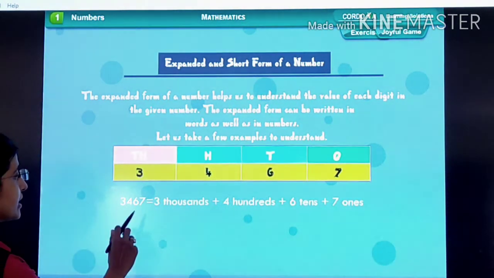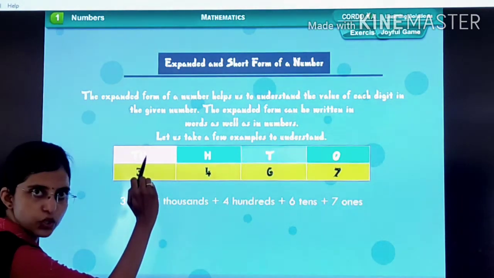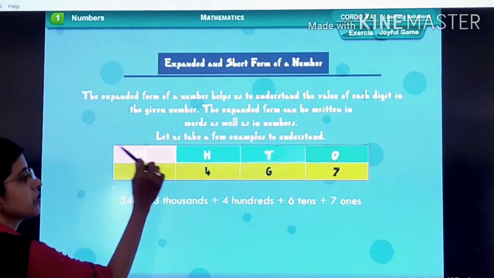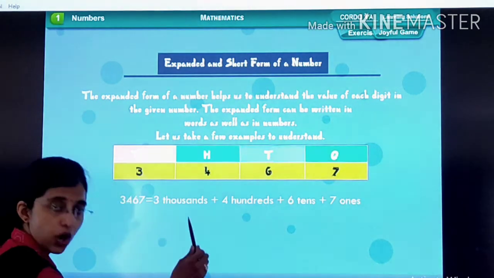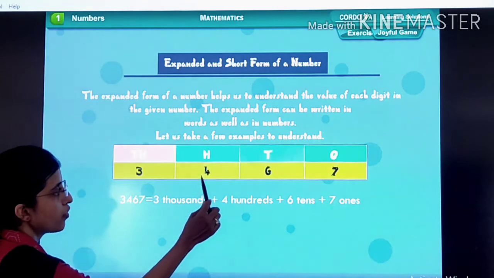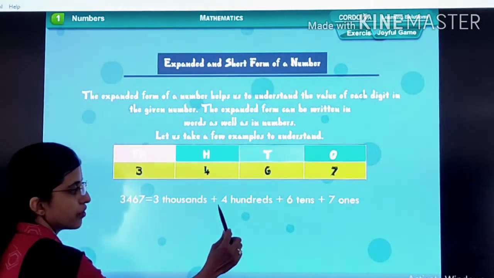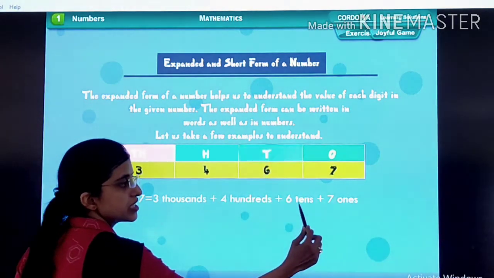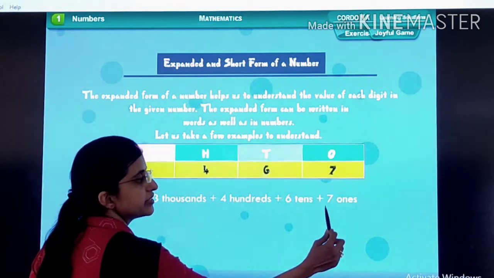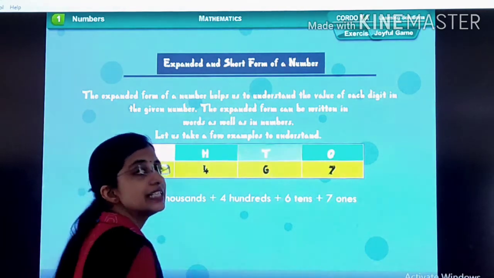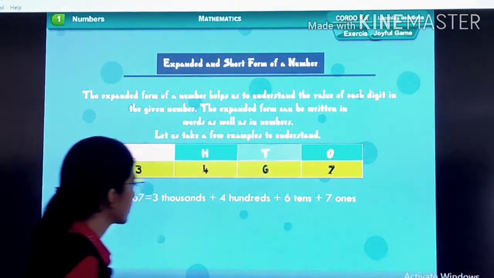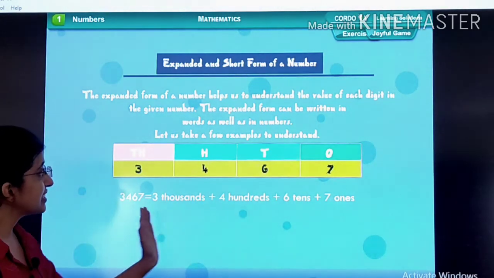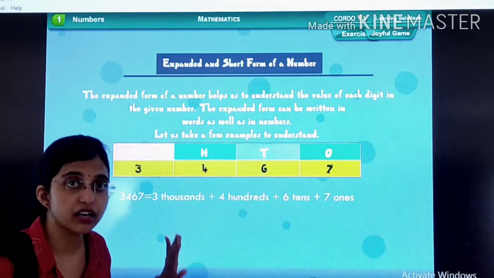So how will we write the expanded form? 3 thousands plus 4 hundreds plus 6 tens plus 7 ones.